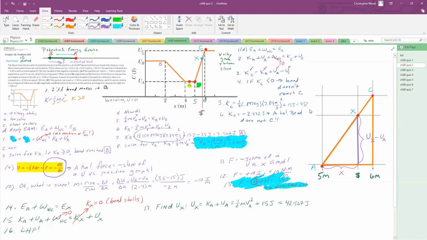Play the same game with the orange triangle. Here's the horizontal leg of the orange triangle. This is 1 meter. Because from 5 meters to 6 meters, that's 1 meter. Here's the vertical part of this orange triangle. It's UC minus UA.